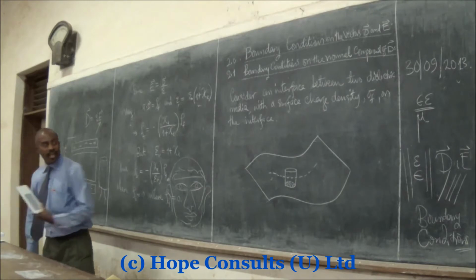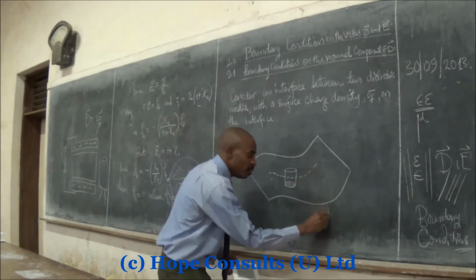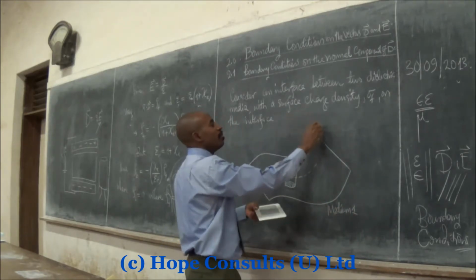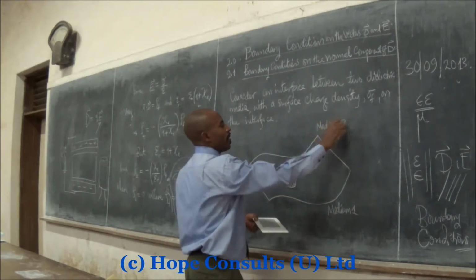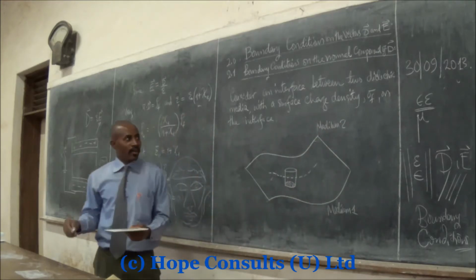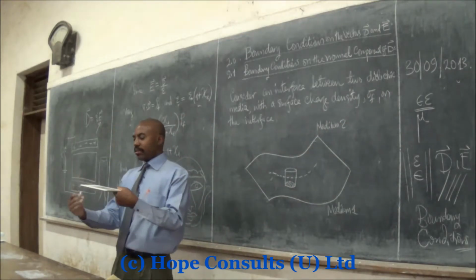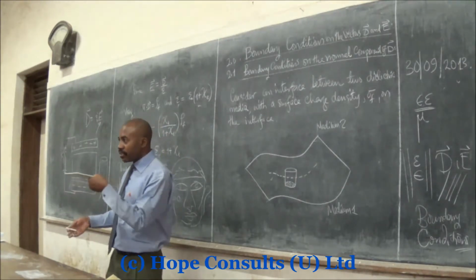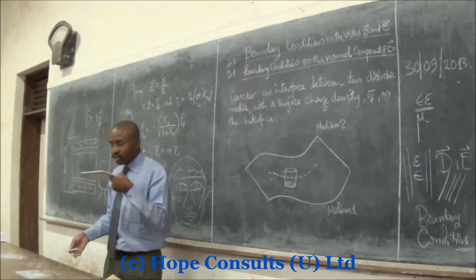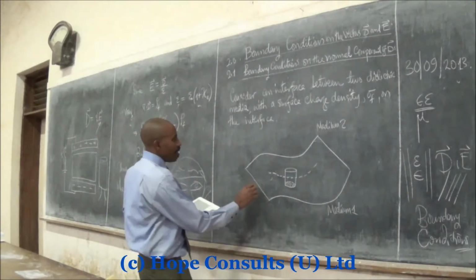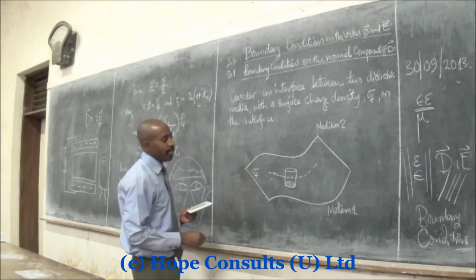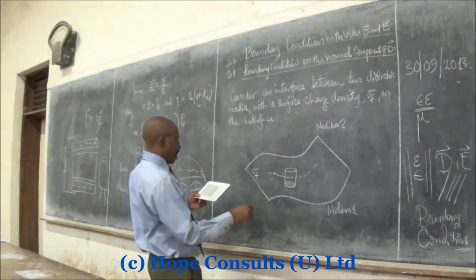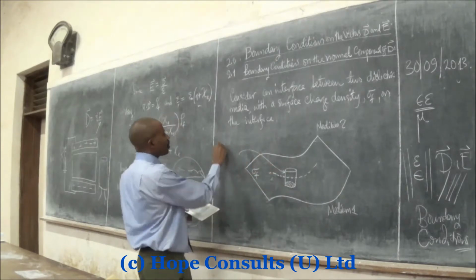Below here is medium 1, and up here is medium 2. So I don't think you get confused, because I'm talking about medium 1 being down here and medium 2 being up here, taking this to be the interface. This interface has free charge density sigma free, and this is our pillbox.